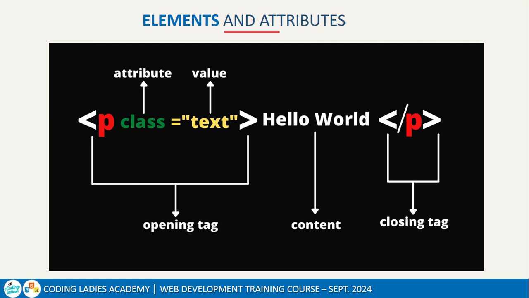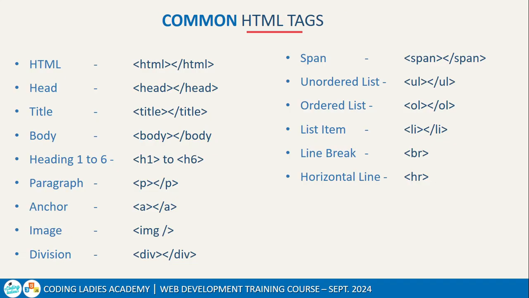We have the headings. There are 6 of them, from H1 to H6, and all have opening and closing tags, so you should take note of that. We have the P tag, which is for paragraphs. Anytime you want to add a paragraph, you use the P tag.